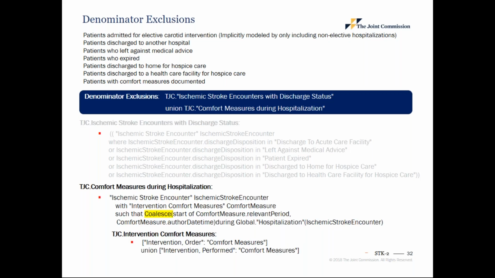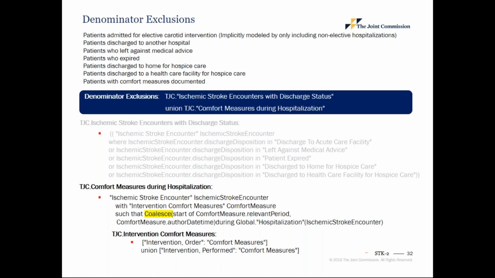Moving to the second expression, comfort measures during hospitalization. So with this, we've received several questions about the definition regarding coalesce. So let's break it down by first defining all the working pieces of these two expressions, comfort measures during hospitalization and intervention comfort measures.